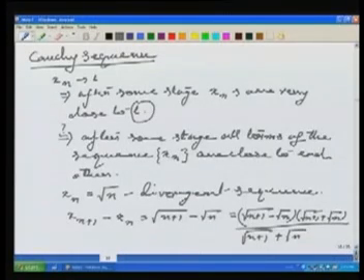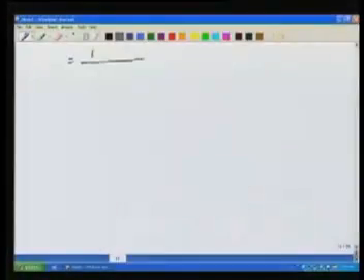This is very simple. Now if you compute the numerator, it comes out that this is equal to 1 by square root of n plus 1 plus square root of n.